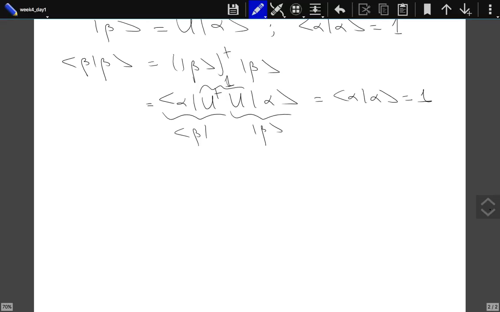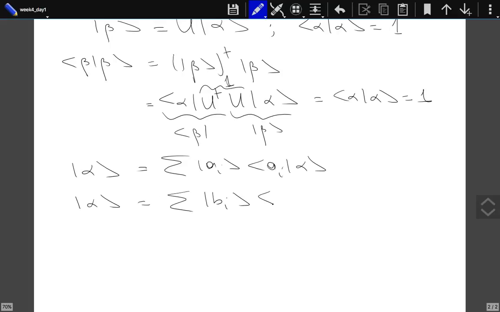Now, let's look at the matrices. So you see, on one hand, we have this ket. We had seen that we could show this ket as a column matrix. In the AI basis, this is equal to AI alpha. On the other hand, we can also show the same alpha ket in the BI basis, BI alpha.